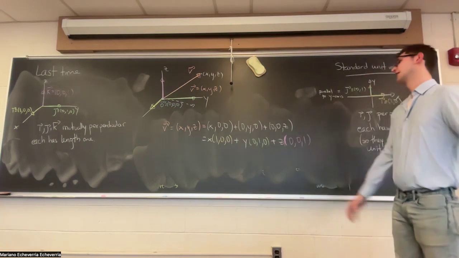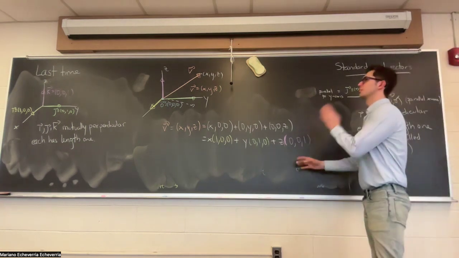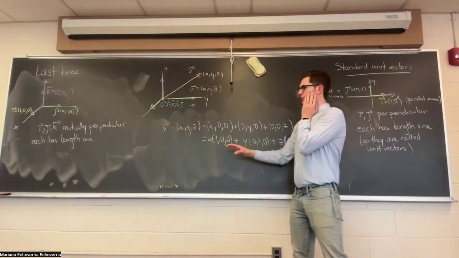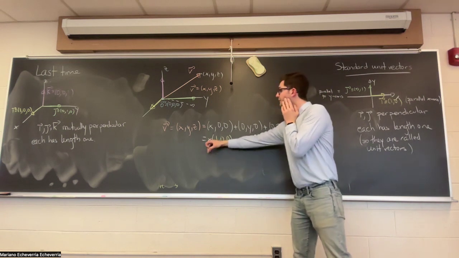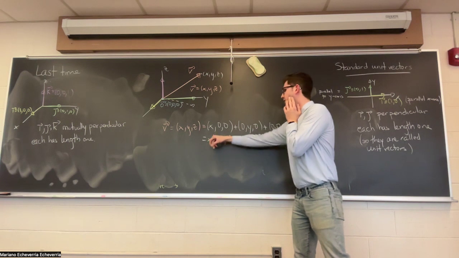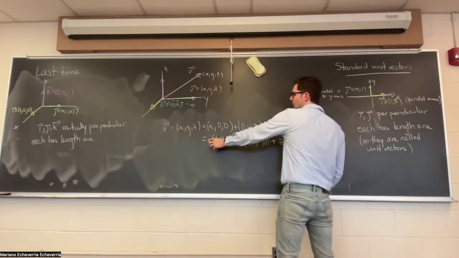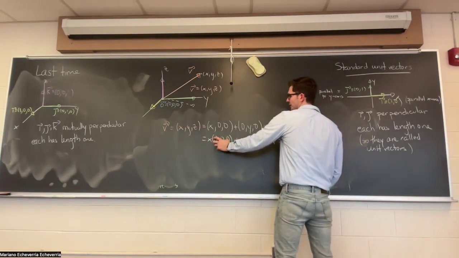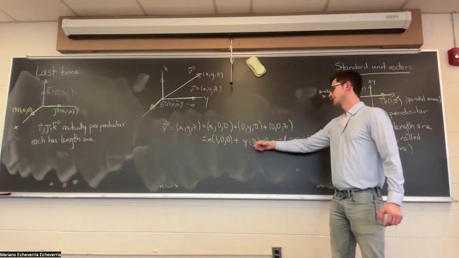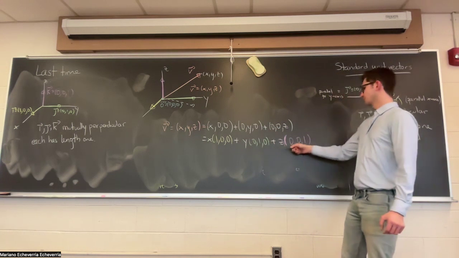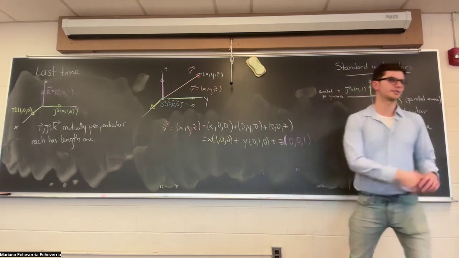So that's another thing that's nice about multiplying a number by a vector, which I didn't say explicitly: when you multiply a number by a vector, it's really just multiplying each entry by that number. So multiply each entry by x, and that's how you get (x, 0, 0). Multiply each entry here by y, and you get (0, y, 0), and then multiply each entry here by z, and you get (0, 0, z).